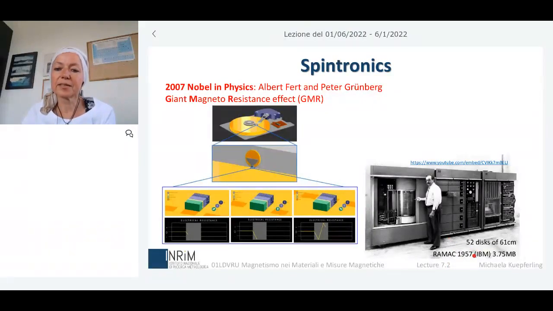It consisted of 52 disks of 60 centimeters diameter, and the storage capacity was 3.75 megabytes. This almost makes us laugh, this really big device. As you can see here, it's 1 meter high. You could store more or less one photo that you could take with your cell phone today.